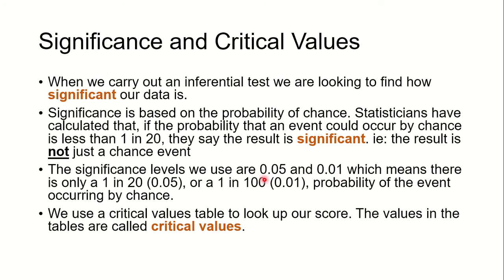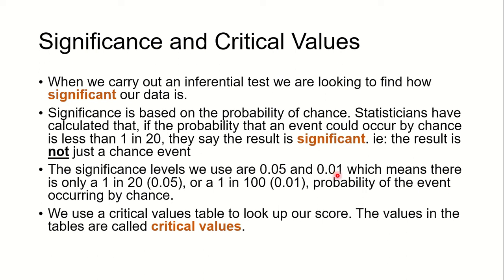If you are able to beat the score in the statistical table that I've given you at 0.05, what that means is that you are 95% certain that the result you have seen in your graphs and your tables is not the product of chance, and that there is a relationship.